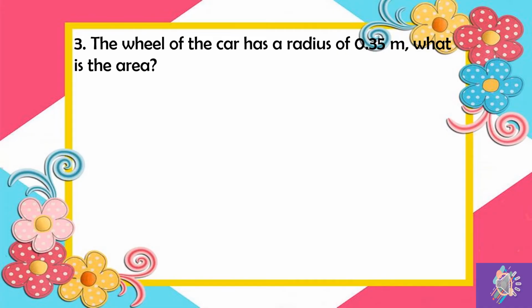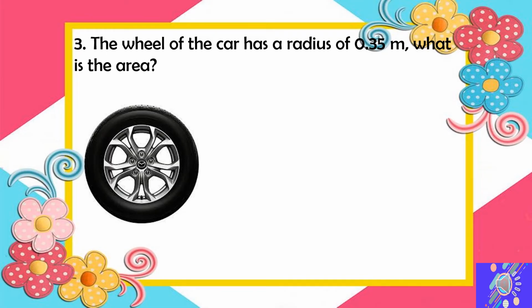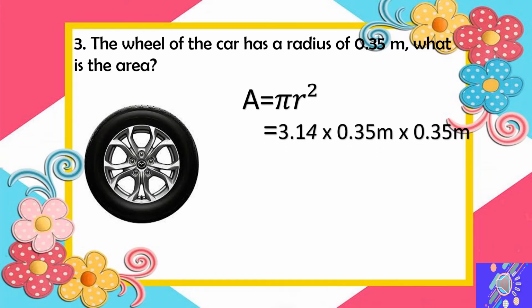And for number 3, the wheel of the car has a radius of 0.35 meters. What is the area? Okay, so this is the wheel of the car. And the radius of that is 0.35 meters. So again, we will be using this formula. A equals pi r squared. So let us now substitute. So the value of pi again is 3.14 times.